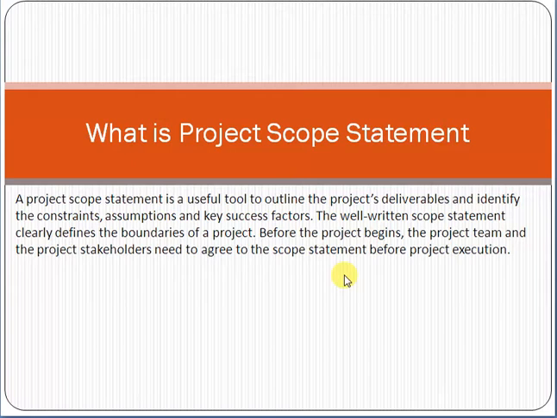So they will decide the high level scope of the project, the cost, the output results, the expectations from the project, and the assumptions and constraints. All these things will be decided and agreed in the scope statement between the implementing stakeholders. And remember one thing, the scope statement is decided before starting the project execution. So this is called the project scope statement.